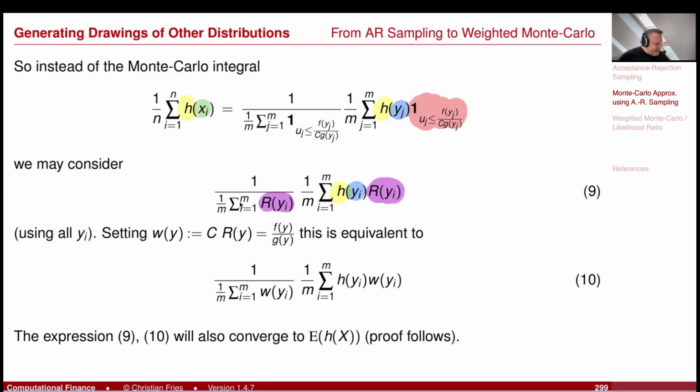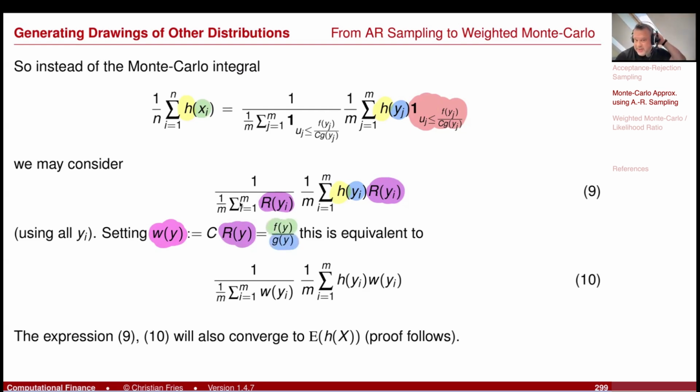Our r is f divided by c times g of y. So you see that you can actually cancel the c parameter, the c constant, which is here with a 1 divided inside and here with a 1 divided inside. So if I now set w of y to be c times r of y, so that means w is just the ratio of the two densities. So w is f of y divided by g of y.